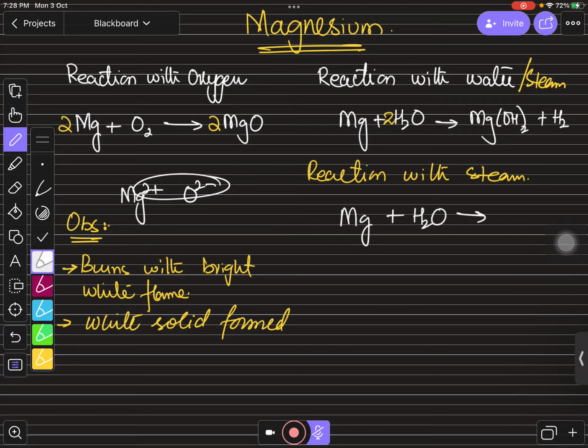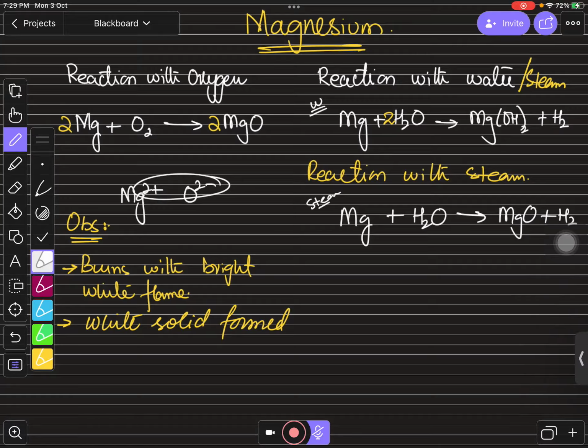But the reaction is over there and it is a quick reaction, but there is a little change in the product, which is oxide, not hydroxide. So this is magnesium when it reacts with water, and when it reacts with steam, right? So this is the difference between water and steam in magnesium.